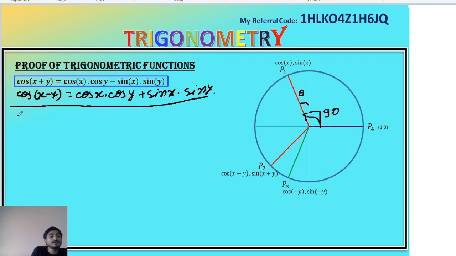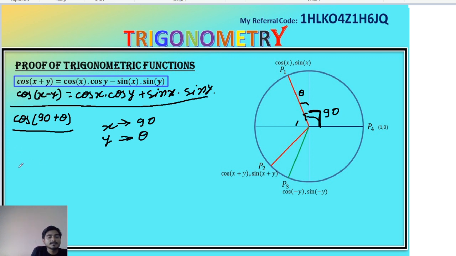If I have to find cos of 90 plus theta, that is what we call allied angles. Those are angles in addition or subtraction with 90, 180, 270, 360, which means it is shown as a relation with n into pi by 2 angles. So if we want to write the cos of 90 plus theta formula, I can easily put x as 90 and y as theta.